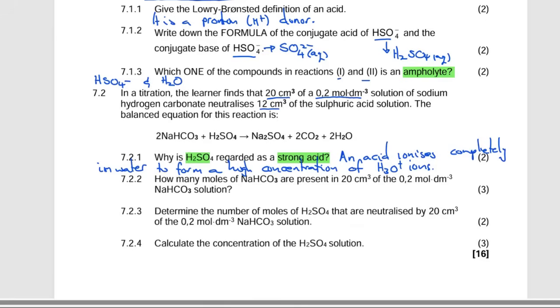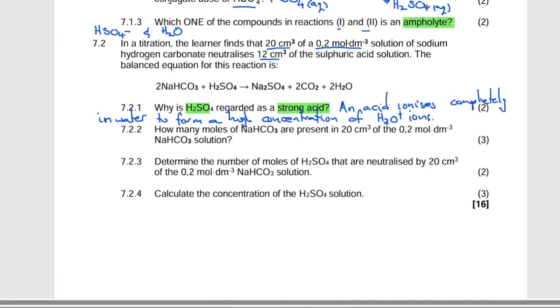If it was a weak acid, it would ionize partially or incompletely to form a low concentration of H3O plus ions. So here, basically, they were asking us to define a strong acid. Then 7.2.2 says, how many moles of sodium carbonate, so how many moles of NaHCO3 are present in 20 cubic centimeters of that?